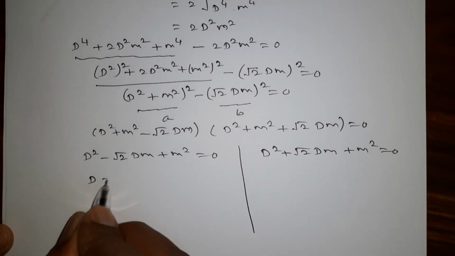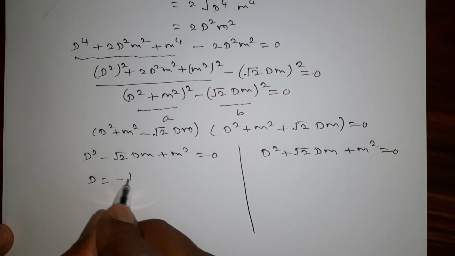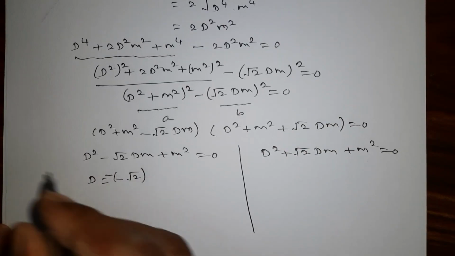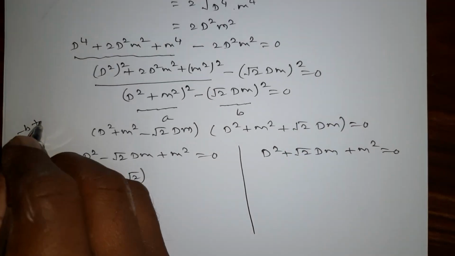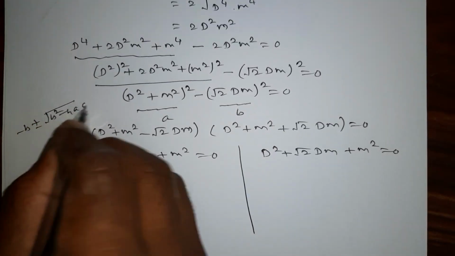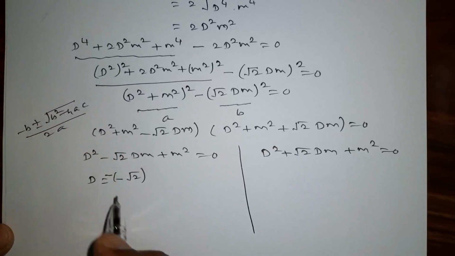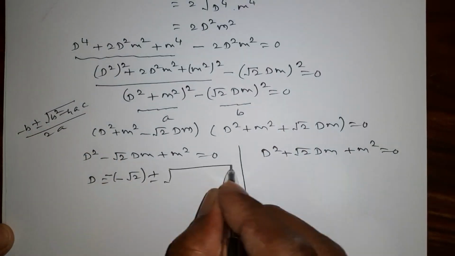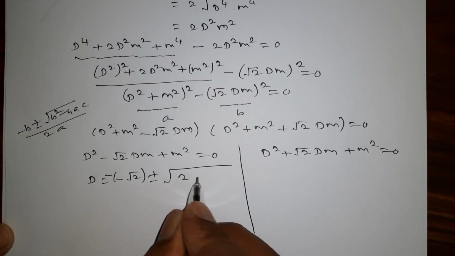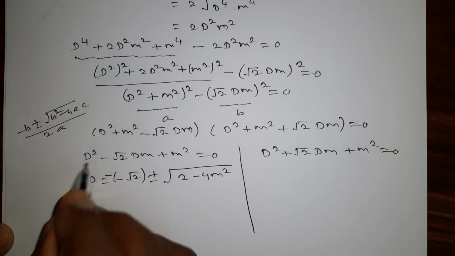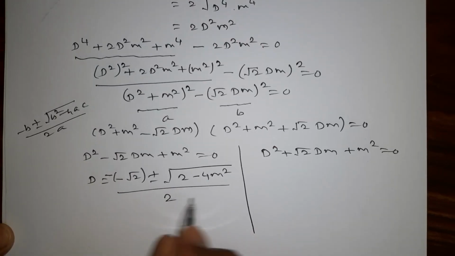So here d is equal to minus of the middle term, minus of minus root 2, minus b. Our formula is minus b plus or minus under root of b square minus 4ac upon 2a. So minus of minus root 2 plus or minus under root of 2 square is 2, minus 4 m square into this 1, upon 2 into 1.